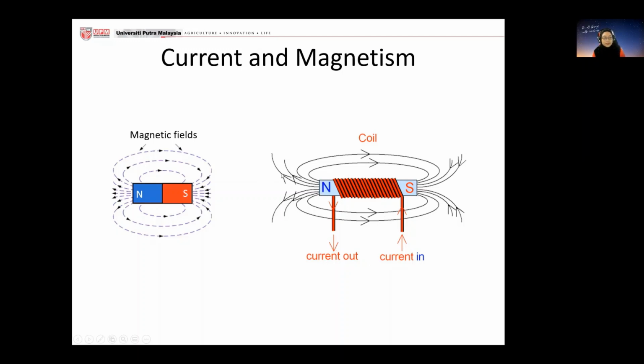Okay, so you have normal magnets, or you have metal which is magnetized through the use of current.